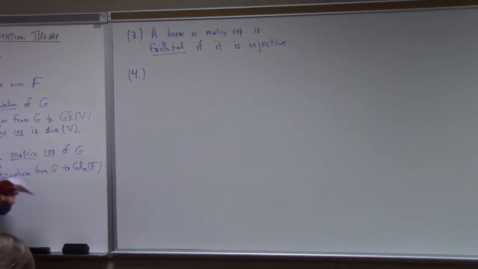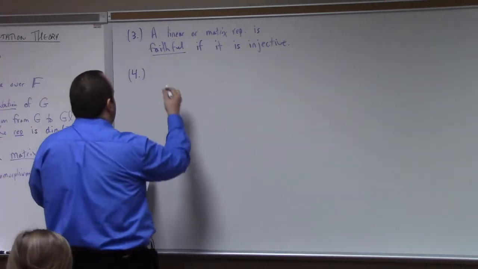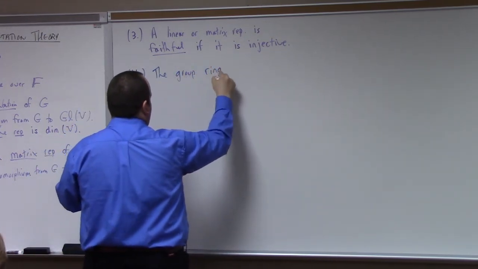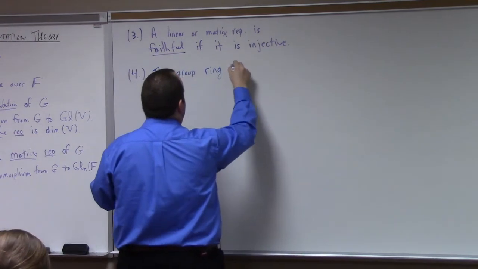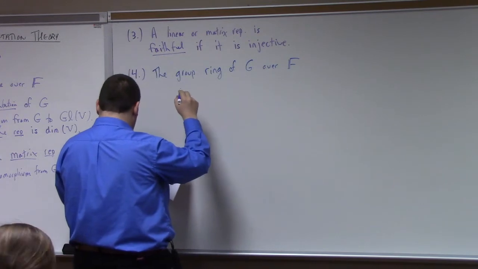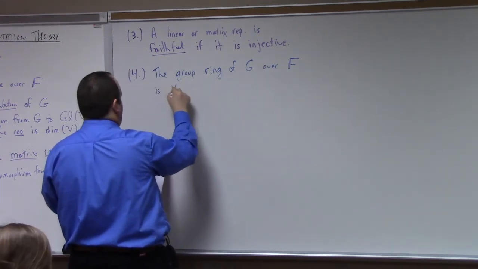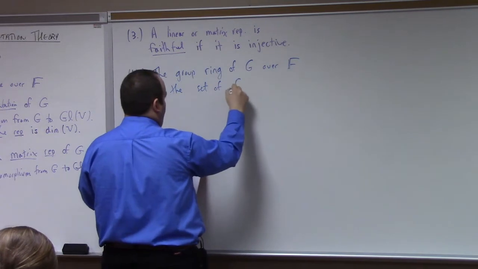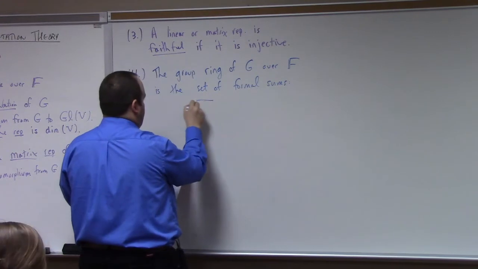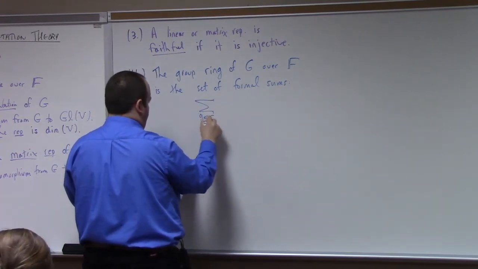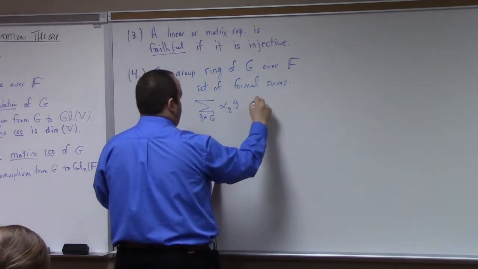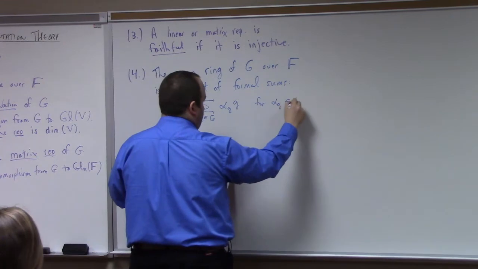4, the group ring of G over the field F is the set of formal sums, things like the sum over g in G of alpha_g g, for alpha_g in the field.